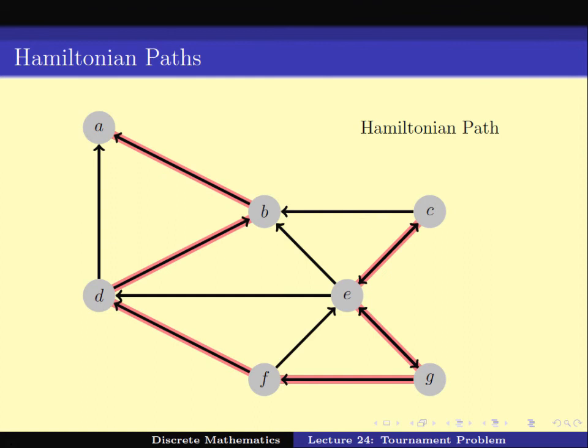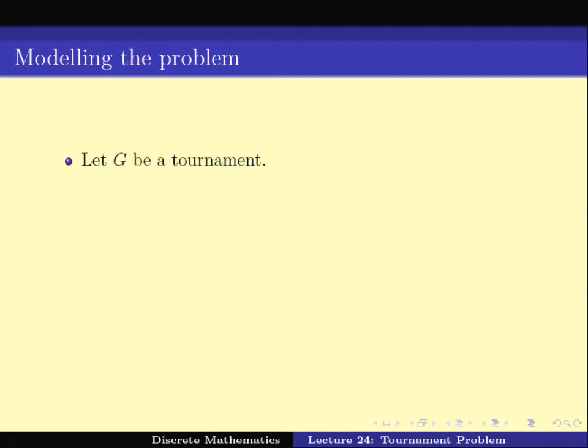Note that this graph does not have a Hamiltonian cycle. Also, this graph is not a tournament because there is no edge between A and C, either way, and I don't have an edge between A and E also. So in a general graph, we need not have a Hamiltonian path.